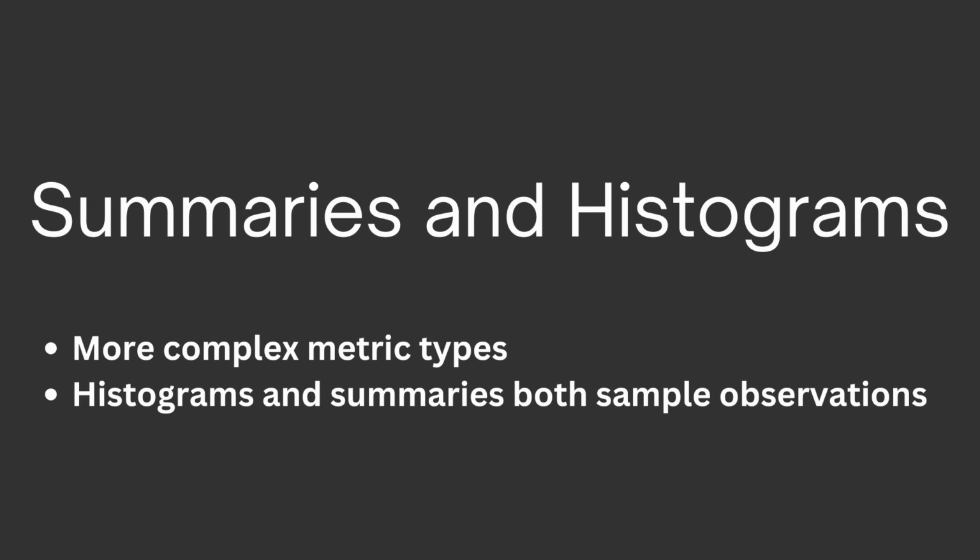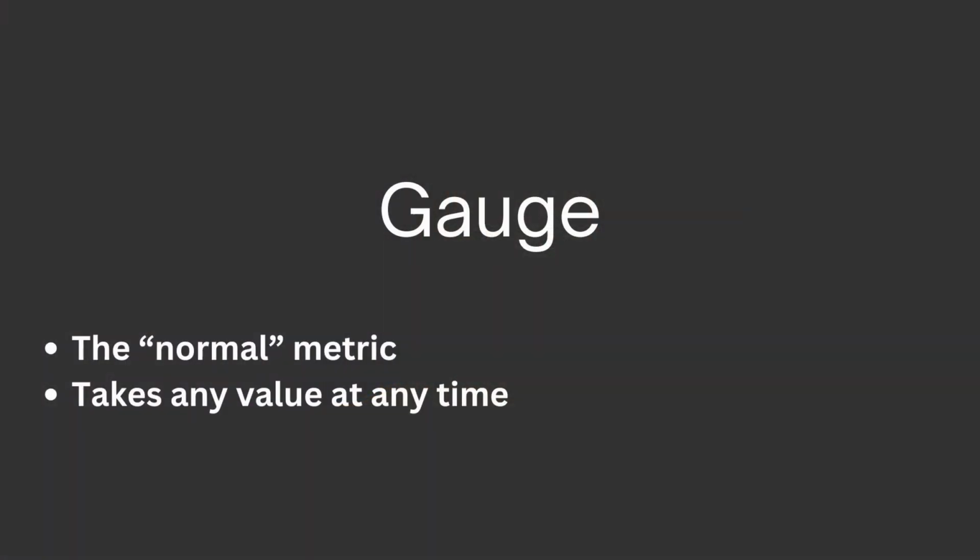Summaries and histograms both sample observations. They're a little bit more complicated, but basically you can think of them as a summary of data in different buckets. I'm going to do a whole different video on summaries and histograms in the future. We're not going to focus on them in this video. And the last metric type is the one that we're going to focus on in this video, and it's called a gauge.